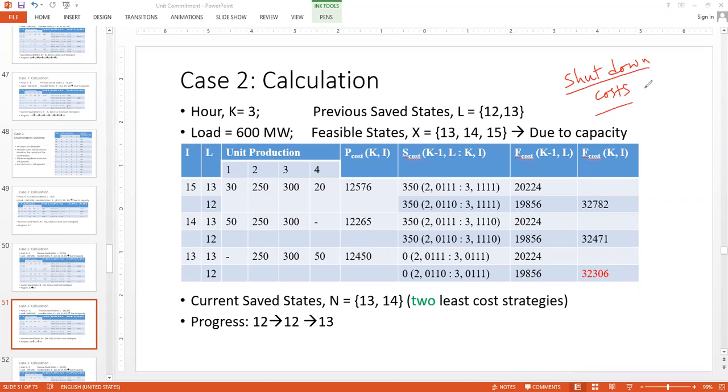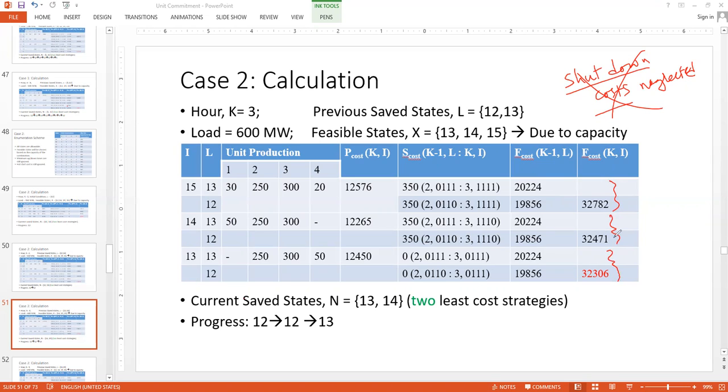The shutdown costs are neglected for this example. So for shutting down of any of the units, there will be no state transition cost. That thing has to be kept in your mind. So again, you calculate P cost, you bring the F cost from the previous slide, and you calculate F cost, which should be the minimum among these two, minimum among these two, and minimum among these two.